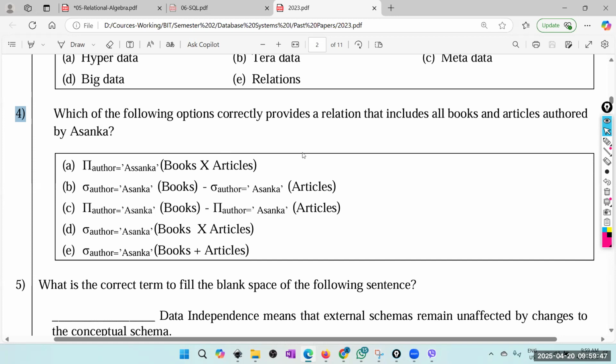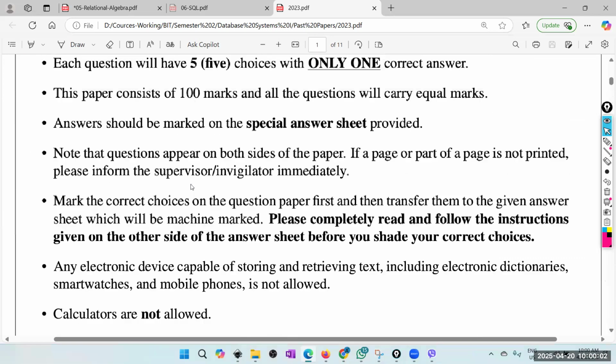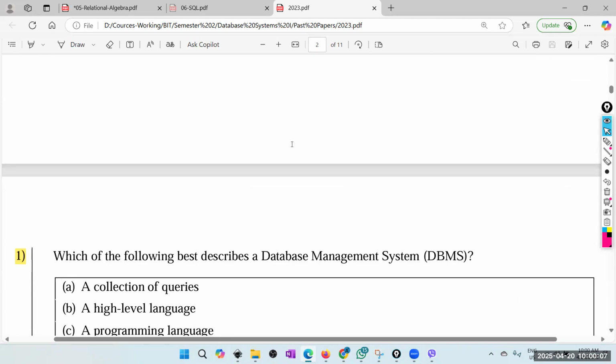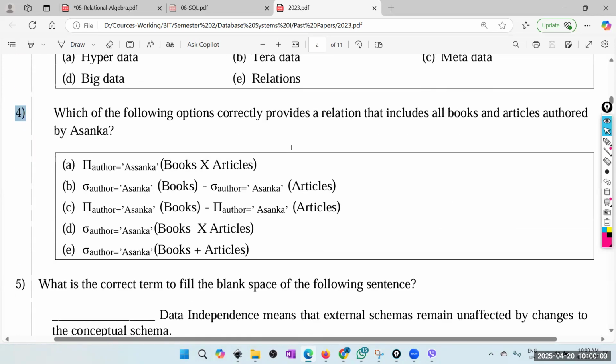And you can assume that there's a table called books, there's a table called articles. Of course, they don't say that. They assume that you have the common sense to think like that. Quickly do it and give me the answer. Is it multiple answers possible? No, only one correct answer.